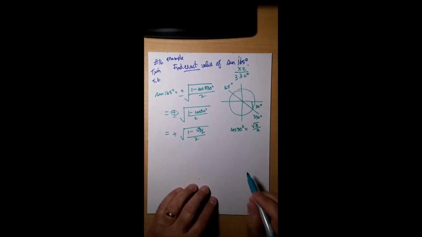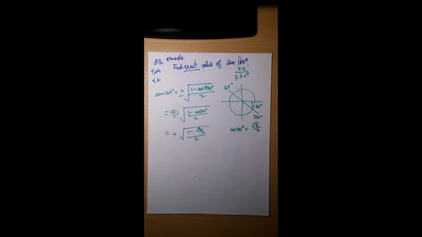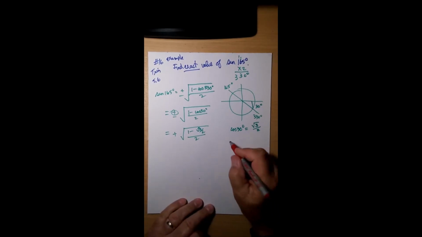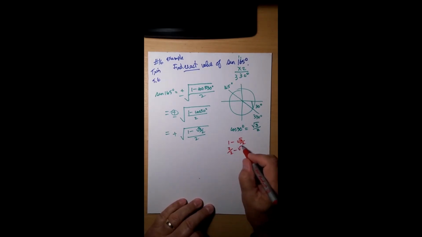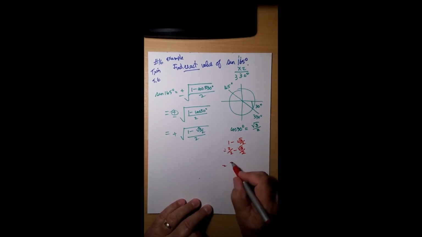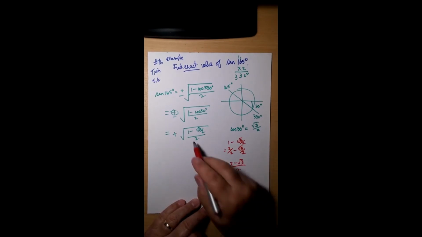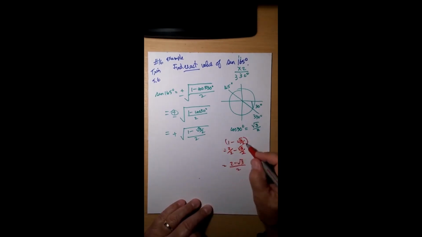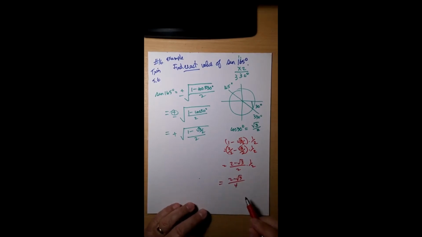So let's work here to the side a little bit. Square root of 3 over 2 over 2. 1 minus the square root of 3 over 2 is the same as 2 over 2 minus the square root of 3 over 2, which is 2 minus the square root of 3 all over 2. Now when you divide by 2, you really multiply by 1/2, right? So this is really 2 minus the square root of 3 over 4.